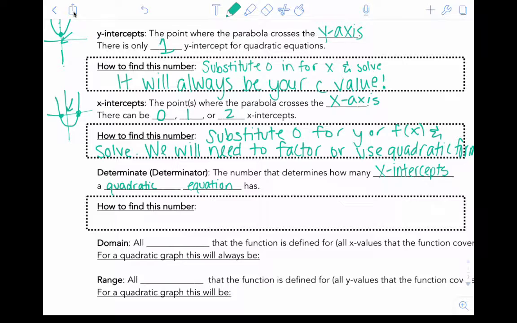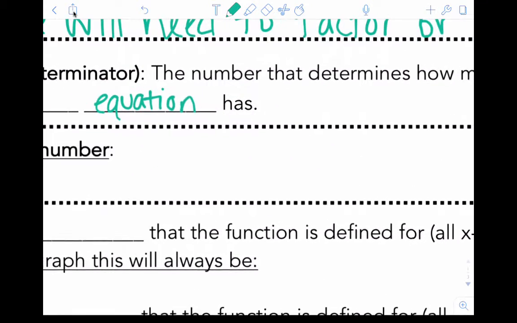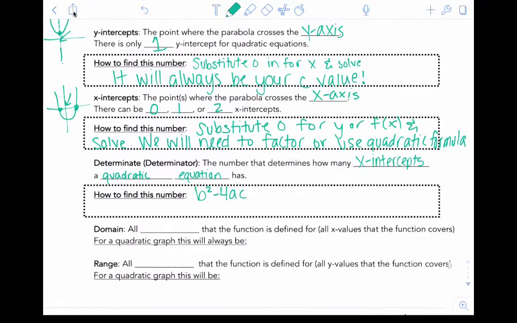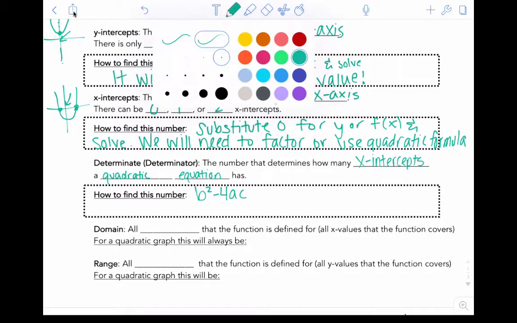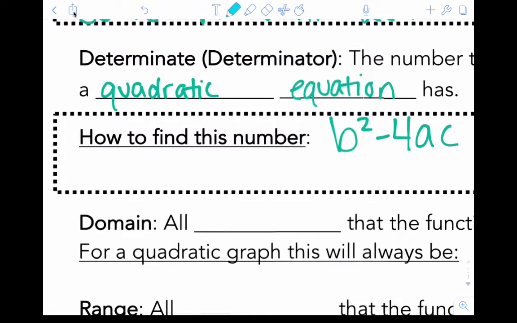To find this number, we used b squared minus 4ac. If it was negative, then there were no x-intercepts.